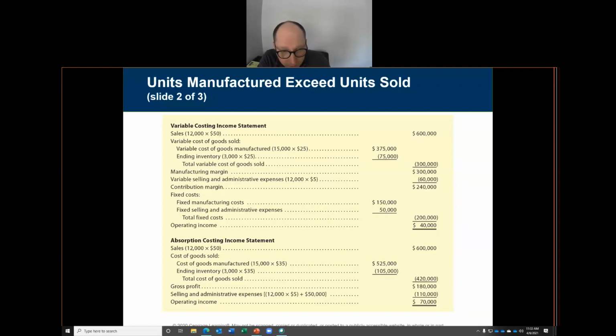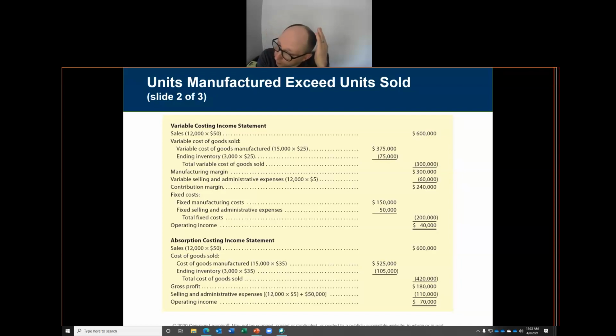Then I need to find my variable selling and administrative expenses. Remember, we only sold 12,000 units, so I'm only going to account for the 12,000 units in selling and administrative expenses. 12,000 units sold times $5 per unit, variable selling and administrative expense is 60,000. So 300,000 minus your 60,000 equals a contribution margin of 240,000.